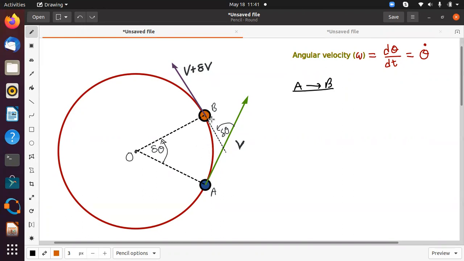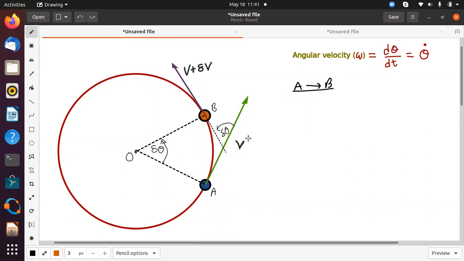This arc length will subtend an angle at the center, delta theta. So a small change in angle will occur. We're going to look at a small change, so it is easy for us to deal with this equation and finally obtain an equation that is easy for us to work with. A simple equation, that is our objective.